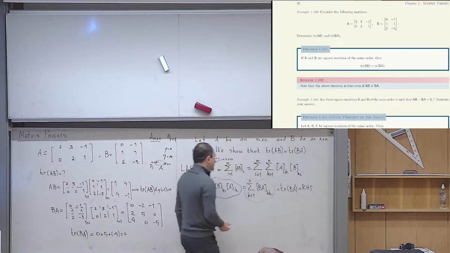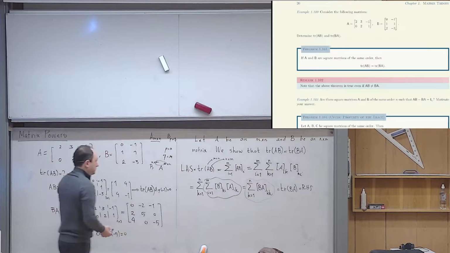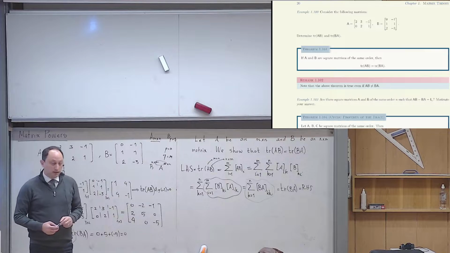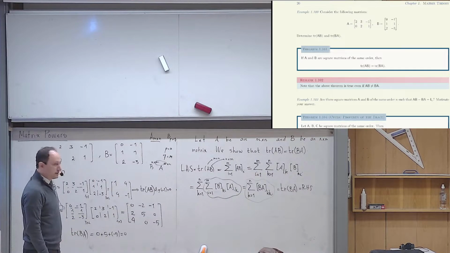So this is the rigorous proof. So this was not a coincidence, because we were able to show that in all cases this can happen. Yes, is that clear?